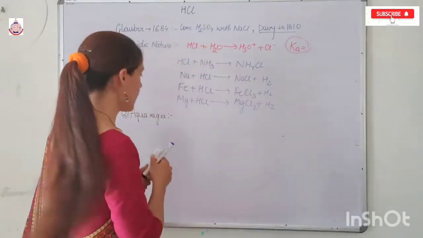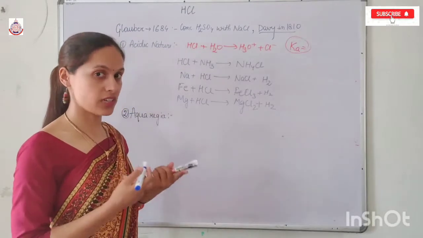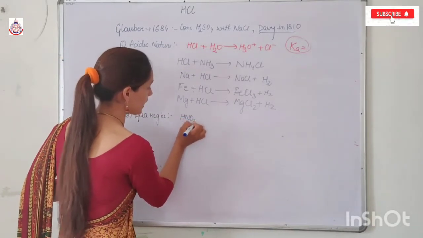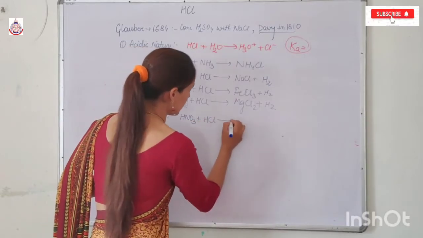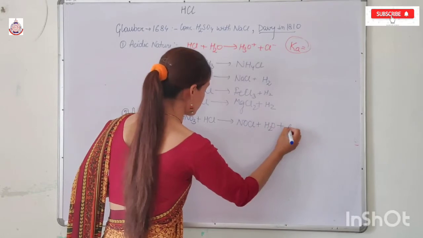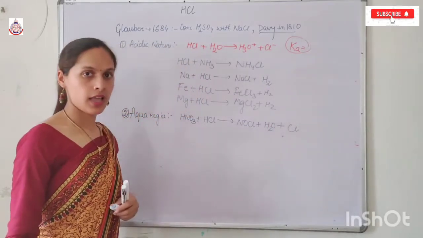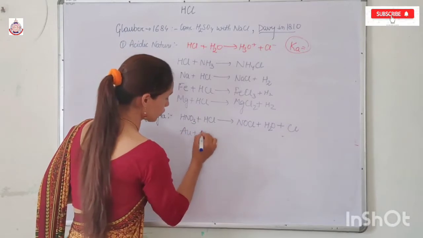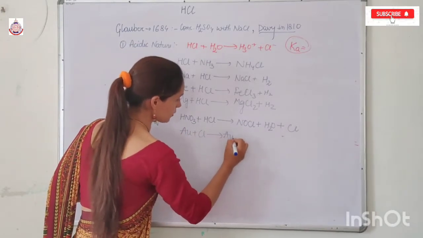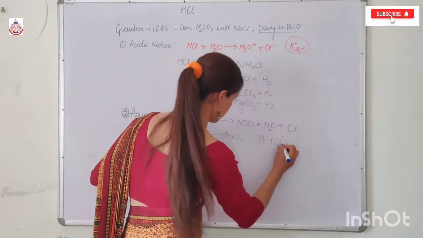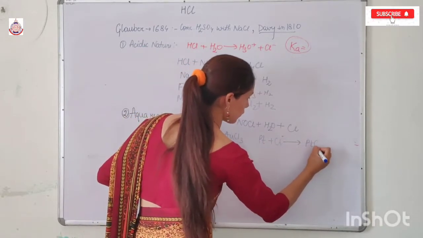So what happens? In our previous video, we studied that when HNO3 reacts with HCl, it forms NOCl plus H2O plus Cl. Now this Cl reacts with gold to form AuCl3, and this Cl reacts with platinum to form PtCl4.